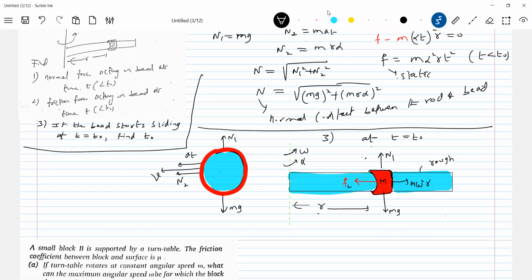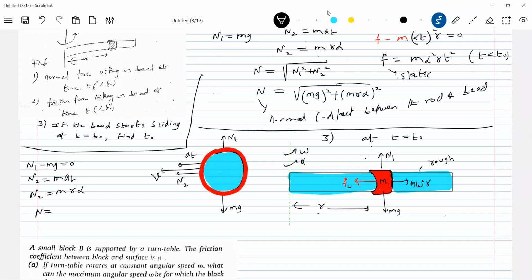Now what friction is acting? Now it should be limiting friction. So what is N1 equal to? N1 minus mg equals 0. What is N2? N2 should be equal to m AT, and this is m r alpha.